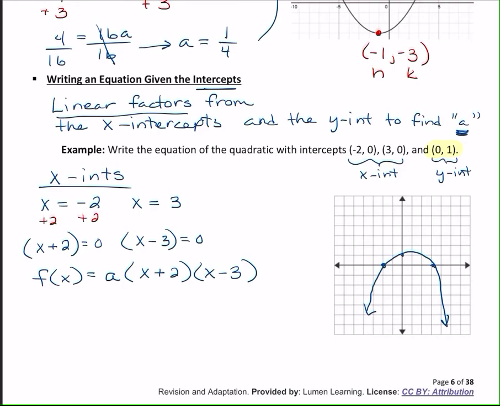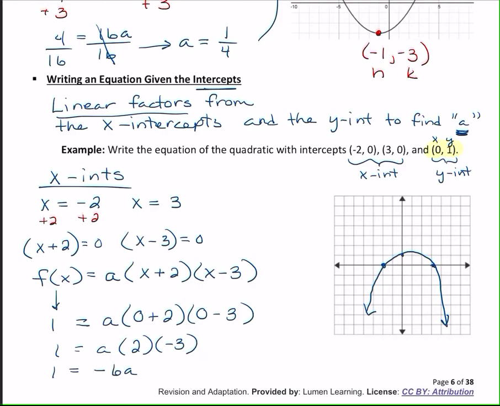Just like before, this is x, this is y, so I'm going to set f of x equal to 1, because that's what y equals, and then I'm going to plug in 0 everywhere there's an x. So I've got 1 equals a times 2 times -3, so 1 equals -6a, and then I'm going to divide by -6. So a equals -1/6.